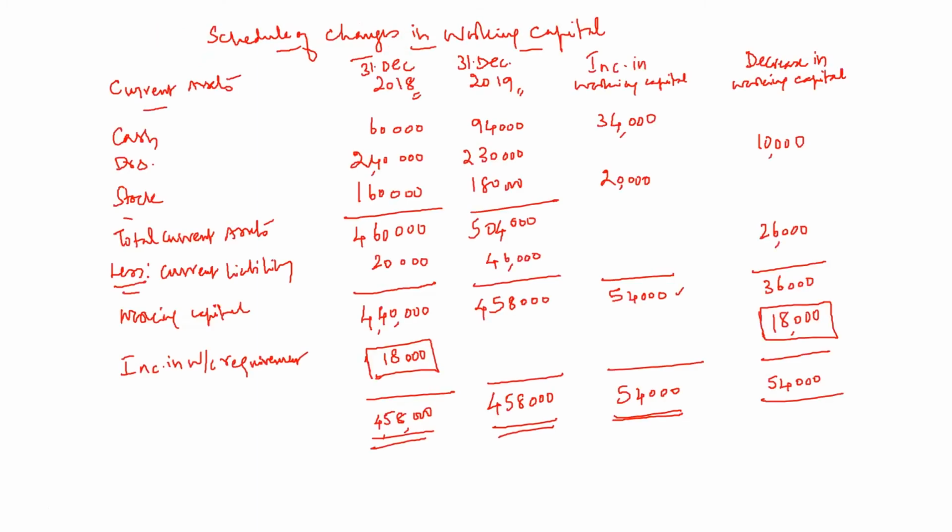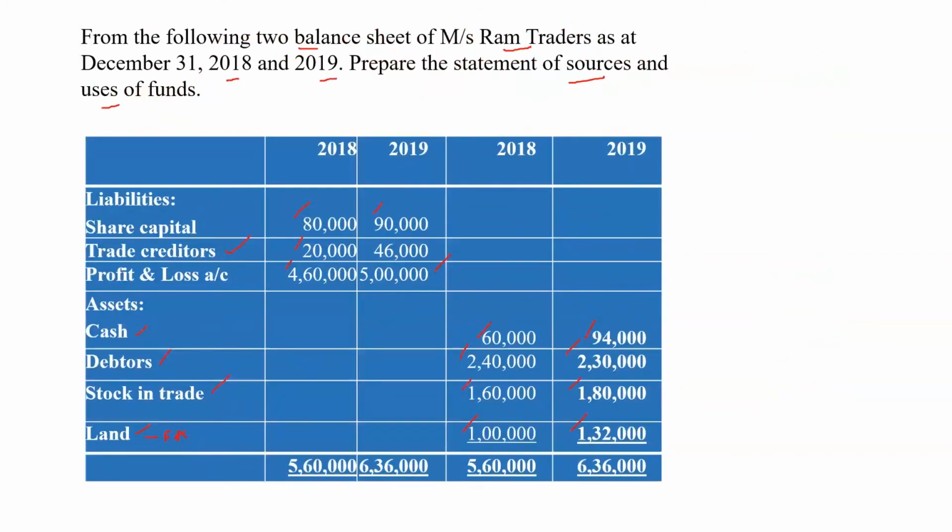To know its impact on the fund position, whether it has increased the sources or increased the applications, we need to know. So we have to prepare ledgers for all the items other than current assets and current liabilities, because current assets and current liabilities have already been adjusted and we have arrived at the net result of it. Now let us deal with the non-current account items.